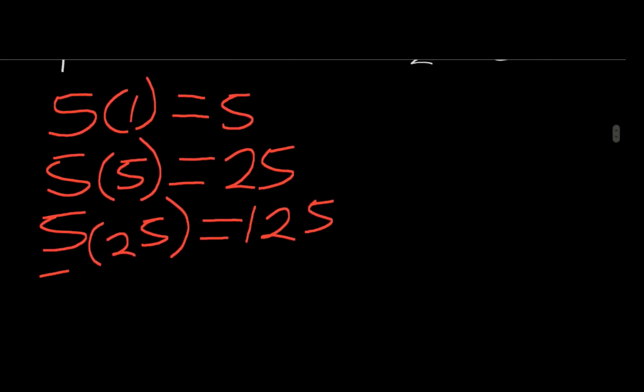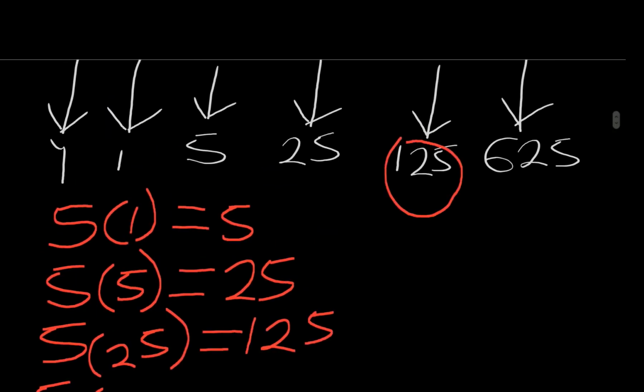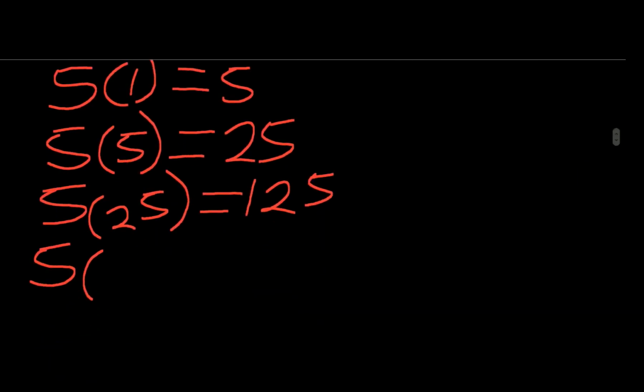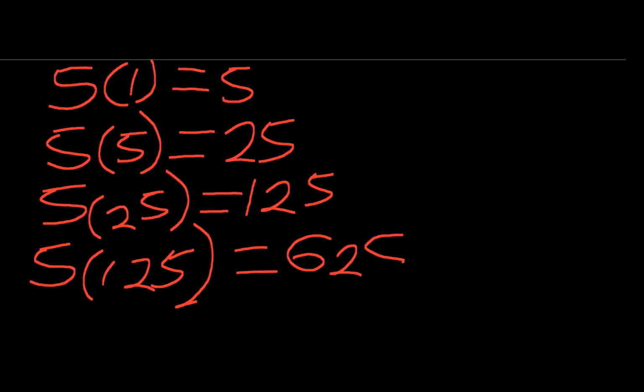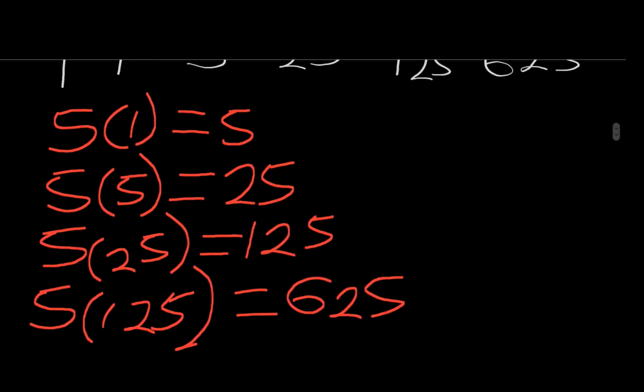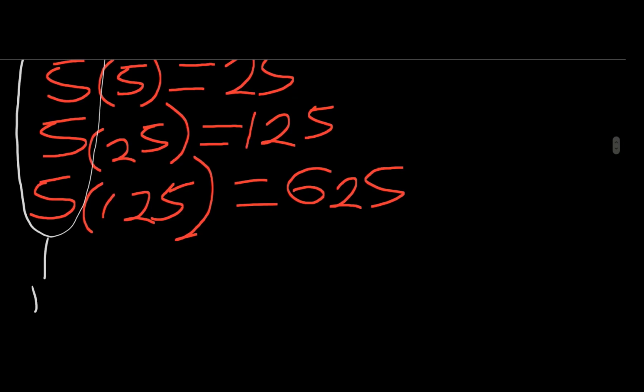And lastly, that same number will be used to multiply this term to see if we get this term. So, 5 times 125, obviously, we shall get 625. So if you look at it carefully, you realize that the 5 here is constant. Therefore, this is the common ratio. So you can do that also to get the common ratio.